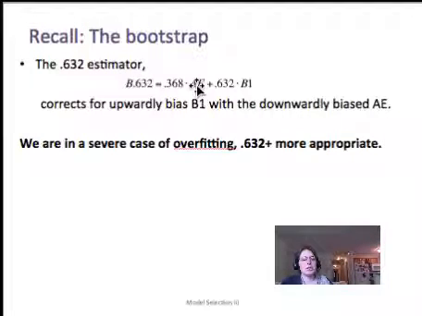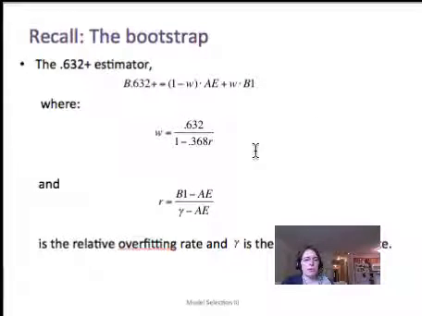But when you have situations of overfitting, the 0.632 plus is more appropriate. B.632 plus is a weighting of the training error and the B1 estimate, where the weight is given by this ratio, where R is simply the difference between the B1 error estimate and the training error, and gamma is the no information rate.